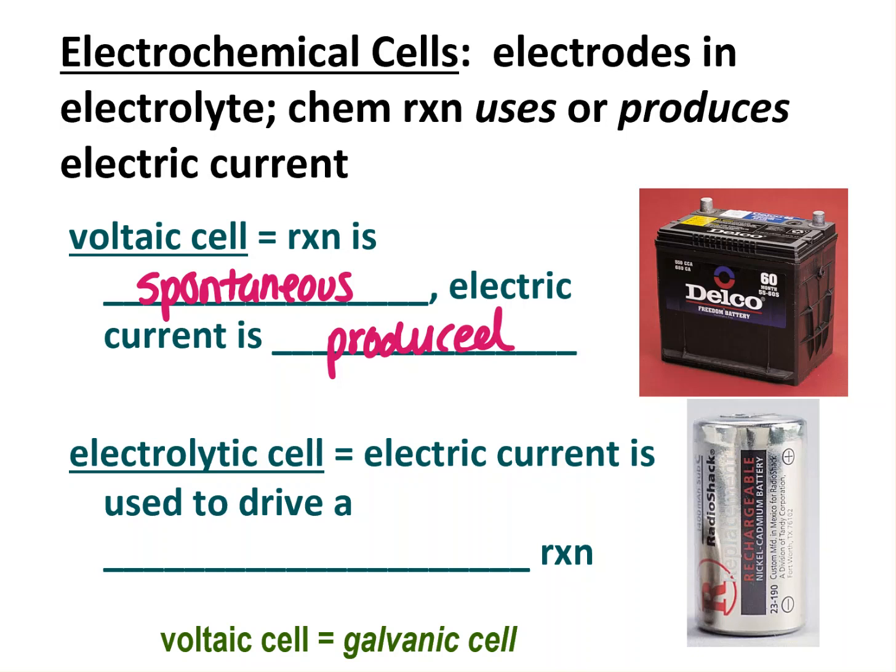The opposite of that is an electrolytic cell. In an electrolytic cell, you have to put the current on it in order to drive or make a non-spontaneous reaction occur.